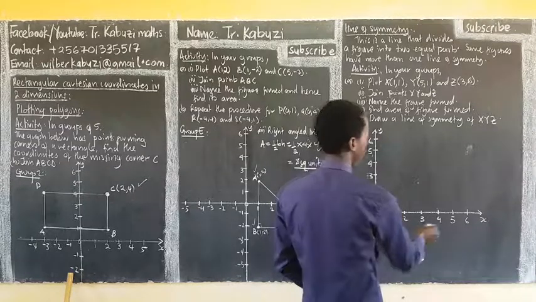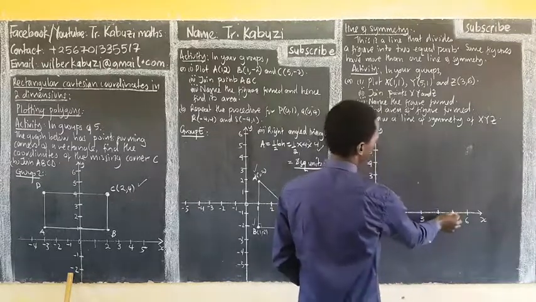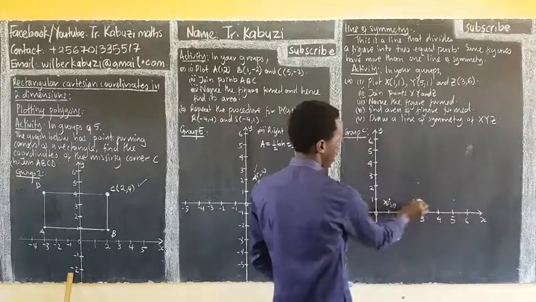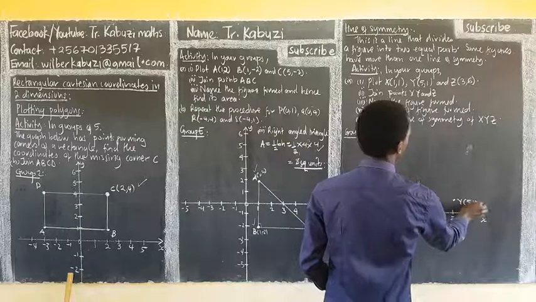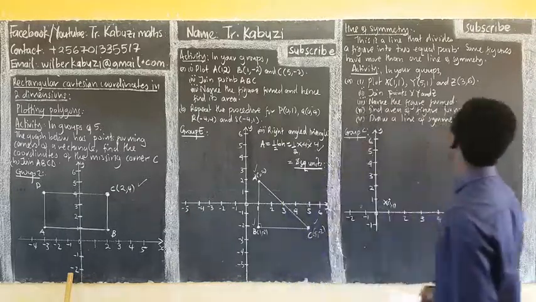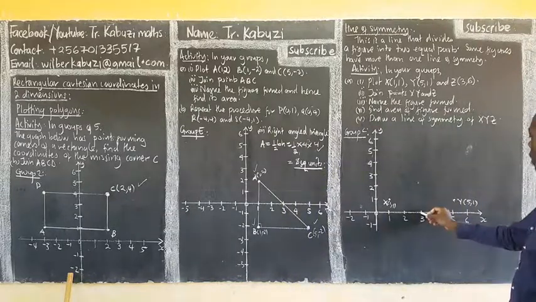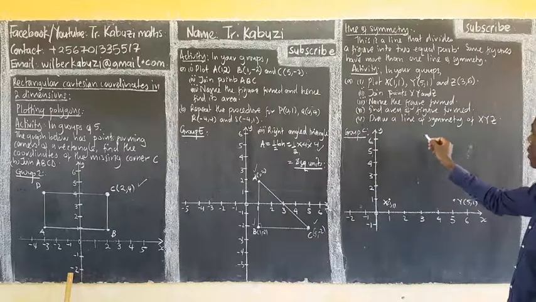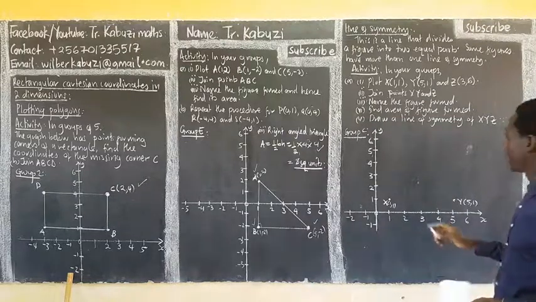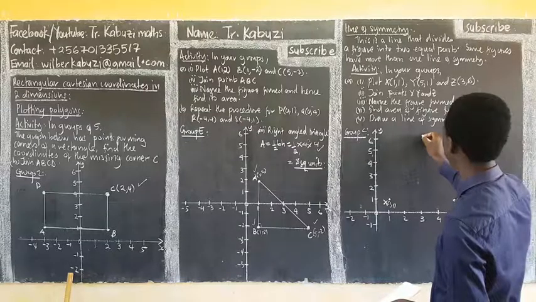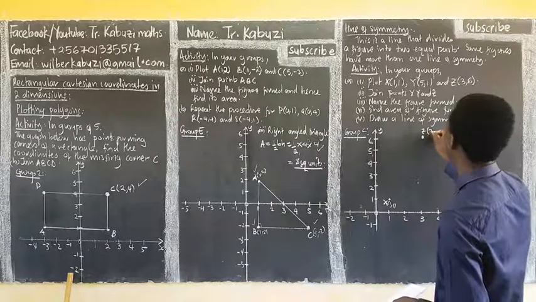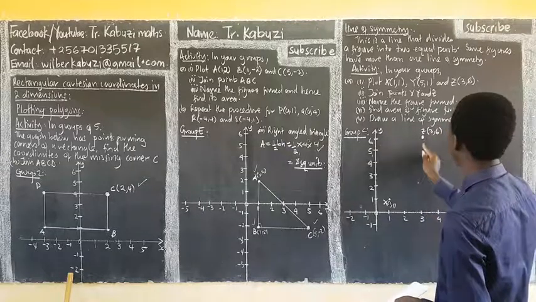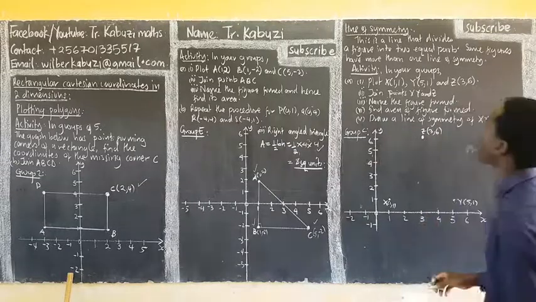Then Y is 5, 1. Read the 5 with the x, then the y. 5, 1, which is here. So this is our y. Then Z is 3, 6. They have the same 3, 6. So this is our Z. The x is 3, the y is 6.